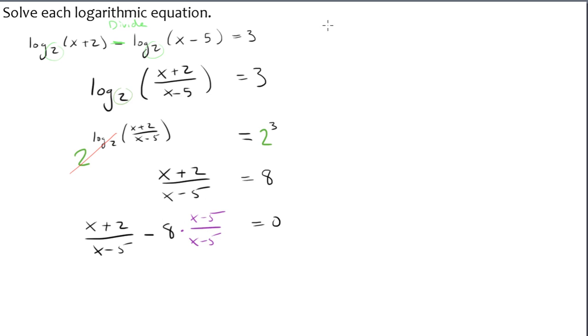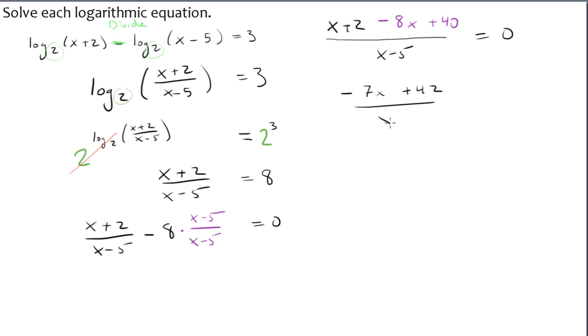This will be x plus 2 minus 8x plus 40 divided by x minus 5, and that's equal to 0. Good. So minus 7x plus 42 divided by x minus 5 is equal to 0.